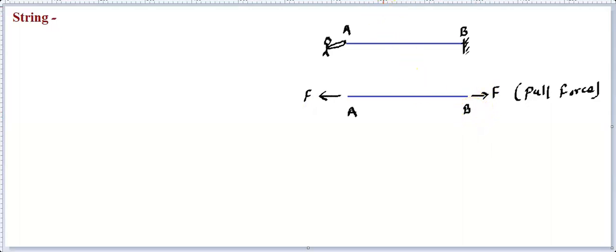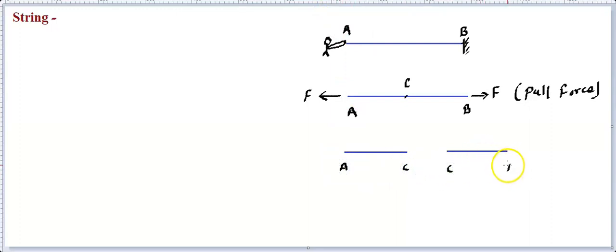So that means if we imagine another location, let's say C, and we try to see what happens at the C point, then you'll find at C point there is also going to be a pull force acting. So if we imagine cutting this at the point C, and imagine the rest of the two parts, you'll find the forces will be acting like this. This is A point, this is C point, and there is a B point.